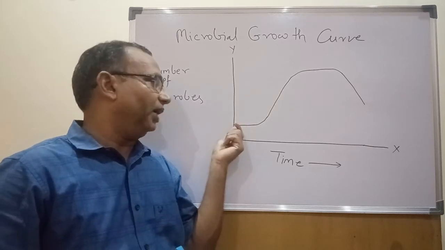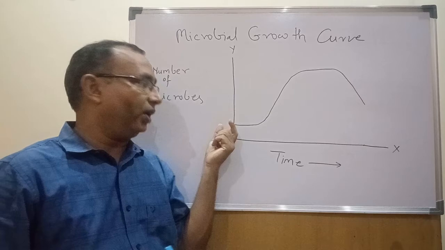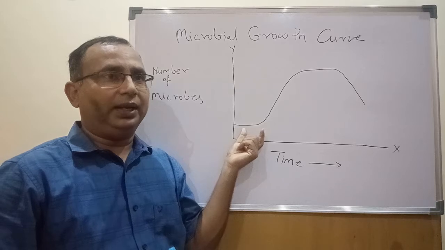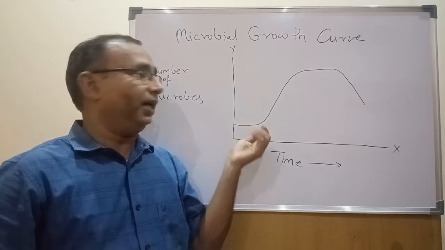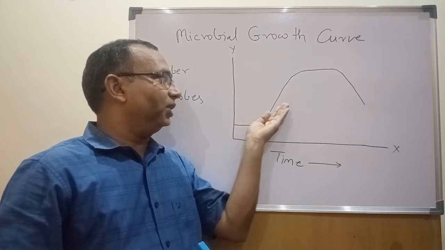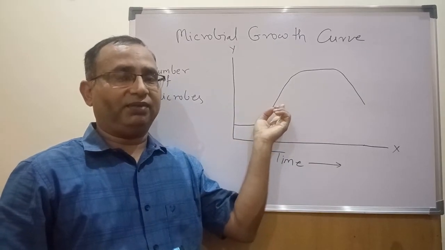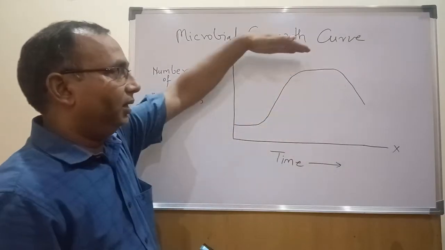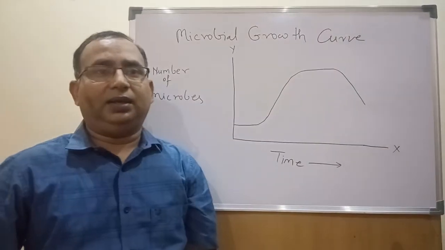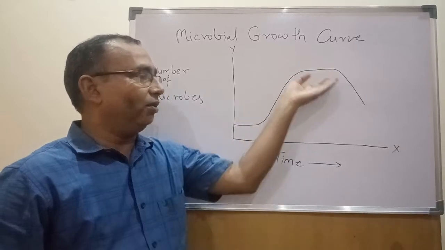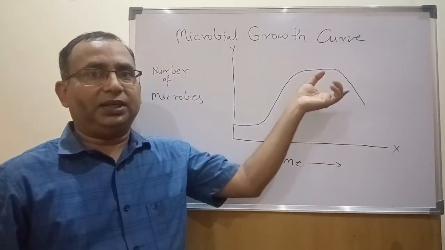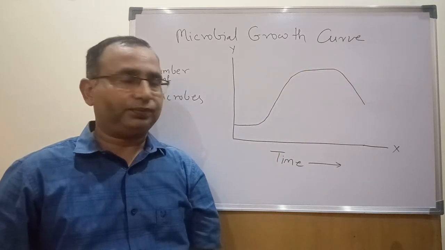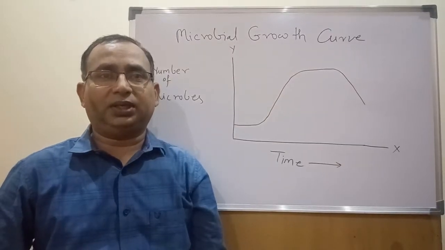At time t equals 0, we have taken a fixed number of microorganisms, and for an initial few durations we observe that there is no increase in microbial population, and later on the microbial population starts increasing very fast, and after that the total microbial population gains a stationary phase, and later on we observe a particular pattern where we get a decrease in the total number of microbial population. So this whole represents the microbial growth curve.